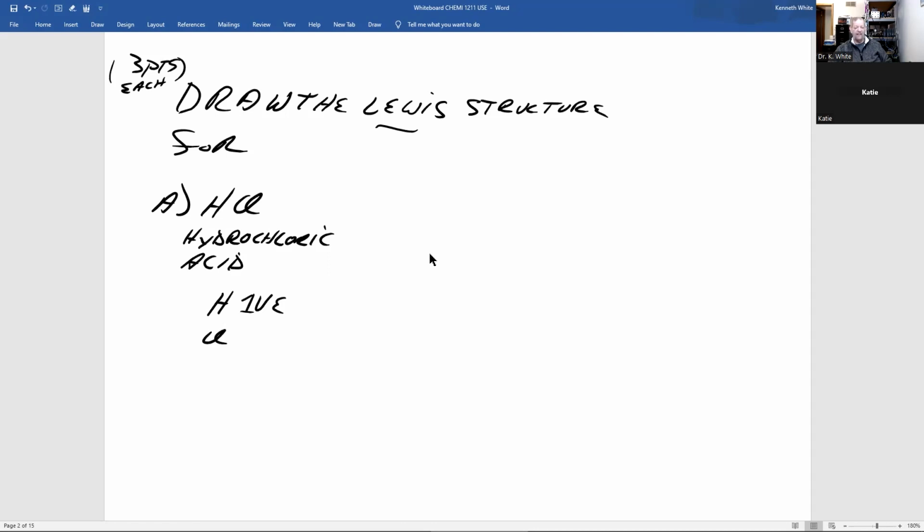Each chlorine has 7 valence electrons. So if I draw the Lewis structure here, remember you put 1 dot on the side before you double up. And this hydrogen says to the chlorine, I've got an unpaired valence electron. You do, let's share. And they do.